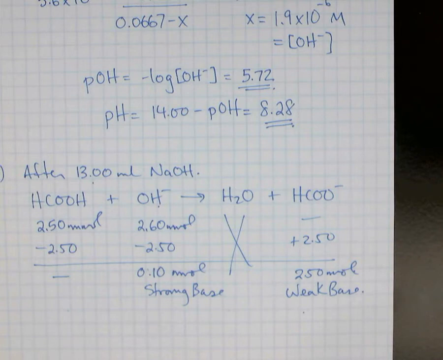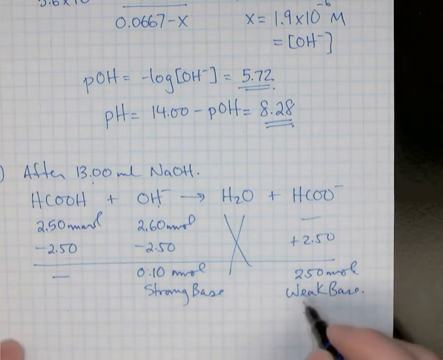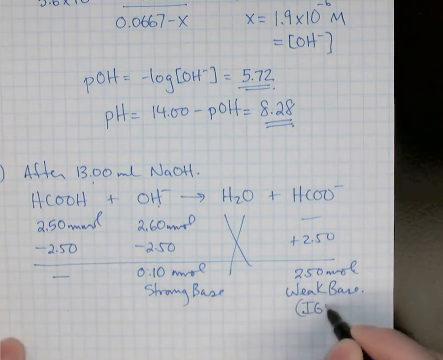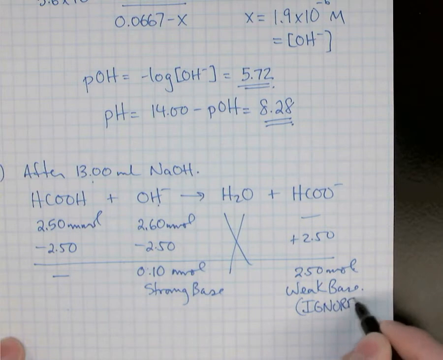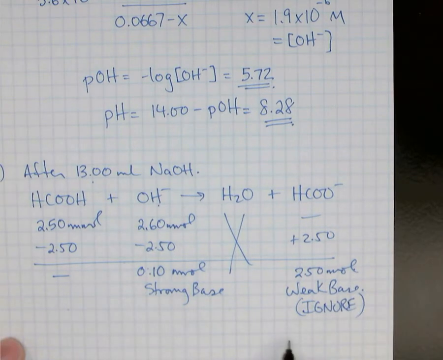If you did that, what you would find is that the amount of extra hydroxide from the weak base is so small that essentially it doesn't affect the pH. So basically, we can ignore the weak base when it's mixed with strong base. The weak base will not significantly change the hydroxide concentration in the solution.